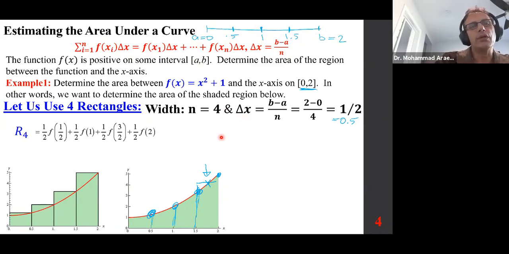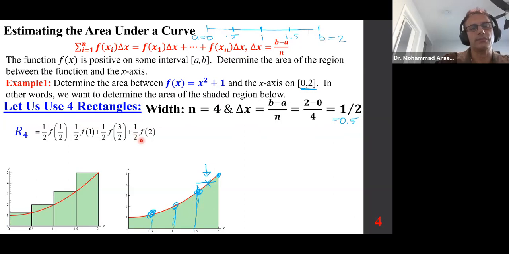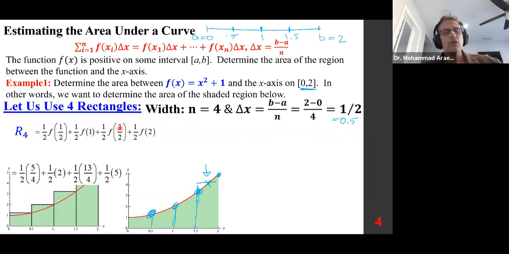And we are really using this formula, class: delta x times f of 1/2. See, we ignore the first point. Why are we ignoring the first point? Because of the right endpoints. F of 1/2, the next one f of 1, and all the way to the last. You can factor out the 1/2 and just write 1/2 times f of 1/2 plus f of 1 all the way to the end. You do the math.